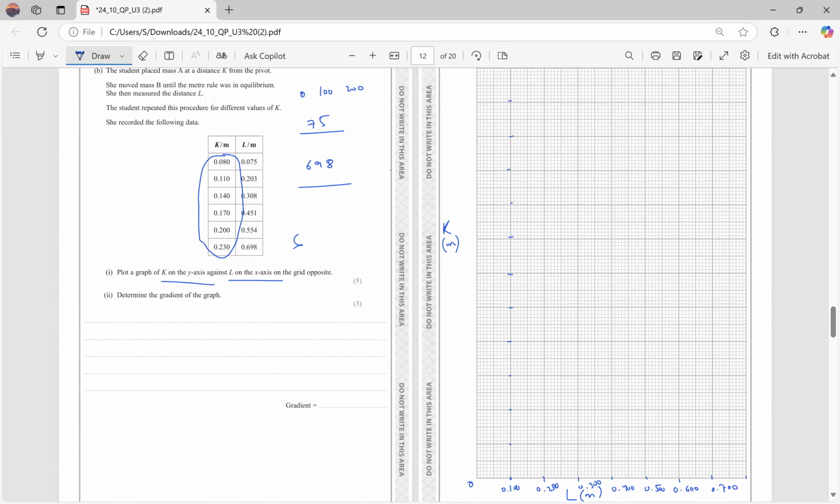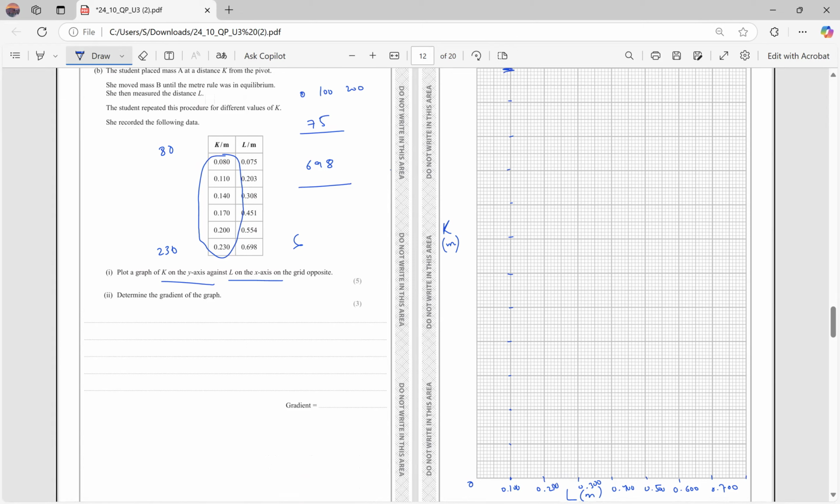We don't have to use all the boxes. I'm just counting them to get an idea of how to adjust the scale. So again, think in terms of whole numbers because that's easier. The first one is 80 and the last one is 230. And we have to fit it on a scale of 10, 11, or 12 boxes. Again, we don't have to go all the way up.